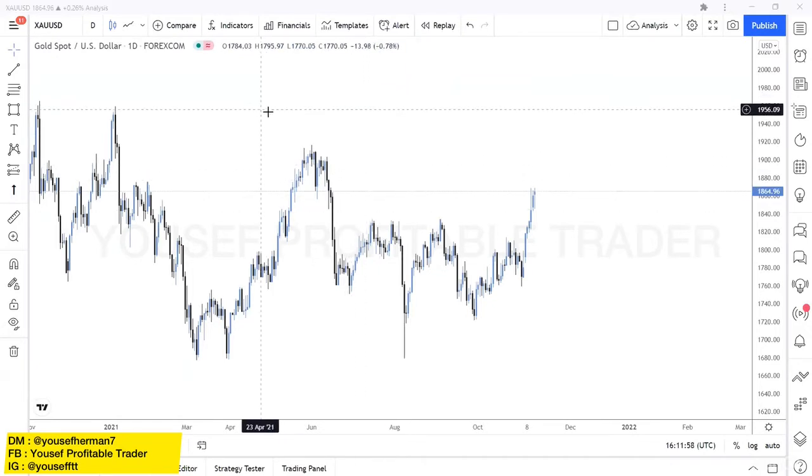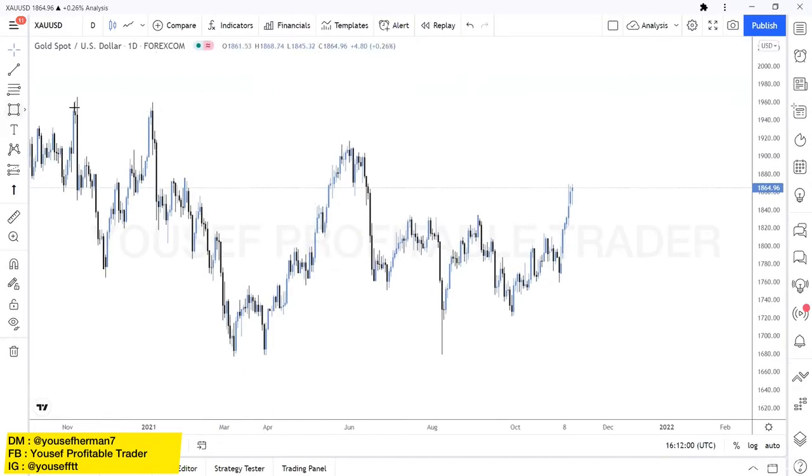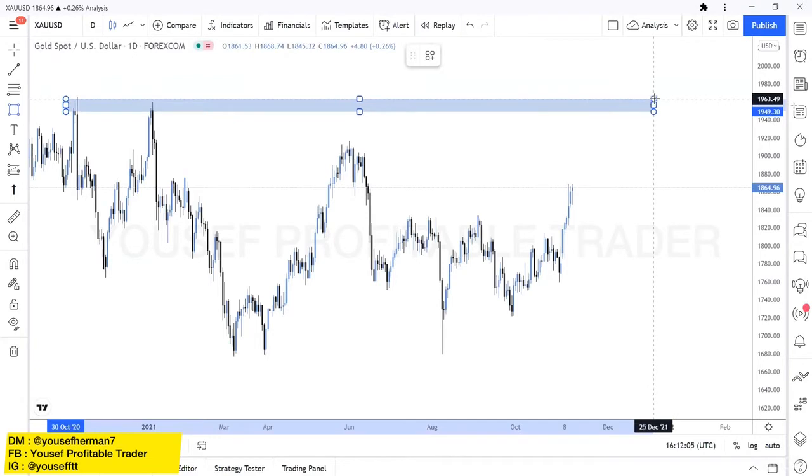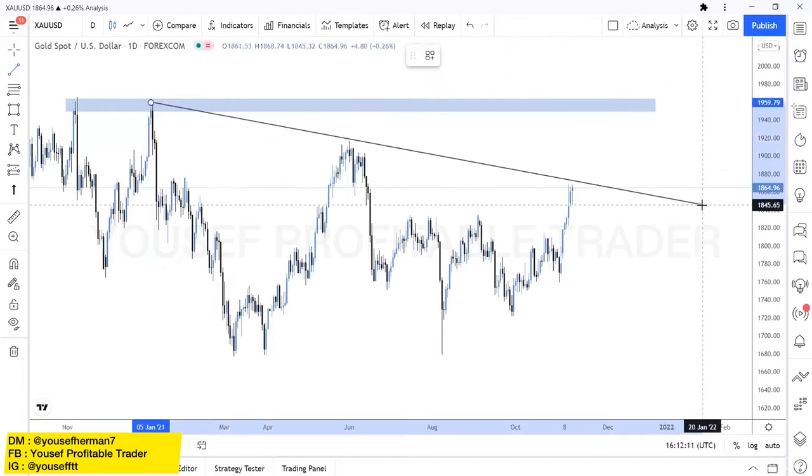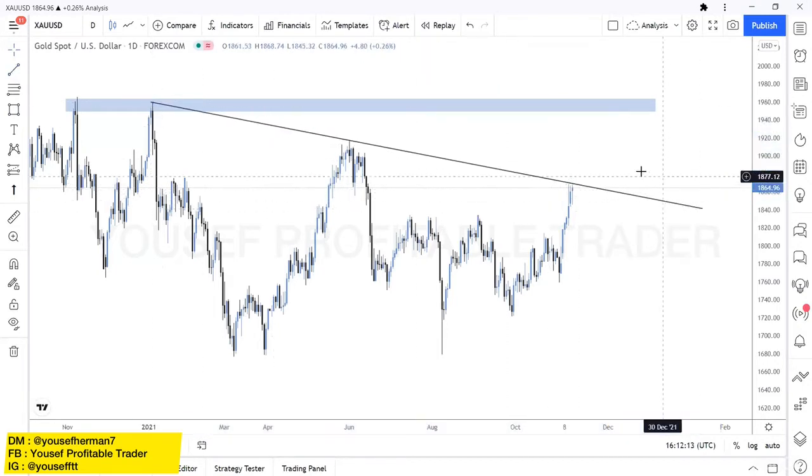For example, here, let me mark down the obvious level. Here is a resistance level. And over here, I can draw a trend line. Then over here, I can find one confluence.